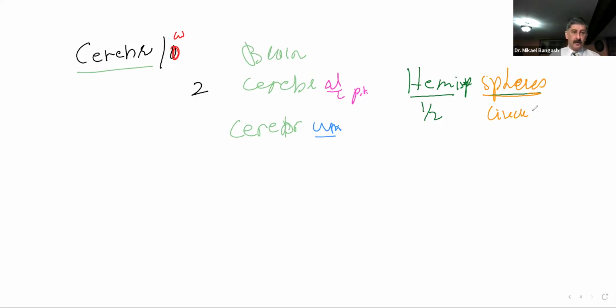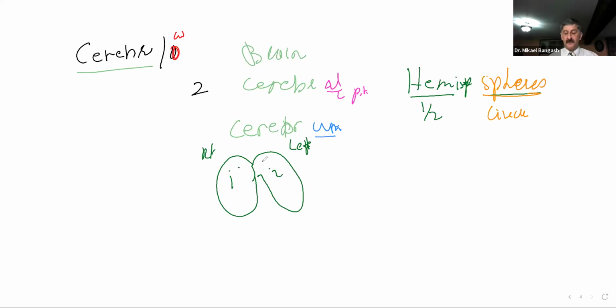So if you look at the brain, it may have one hemisphere, and it may have another hemisphere. So it has two hemispheres. Let's say one is on the right side and the other is on the left side. Each of these is referred to as a cerebral hemisphere.